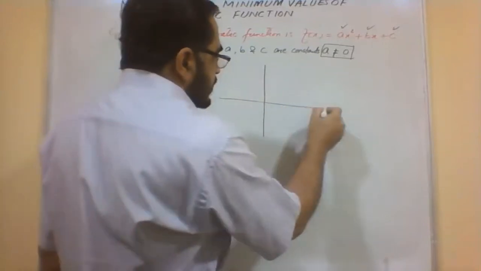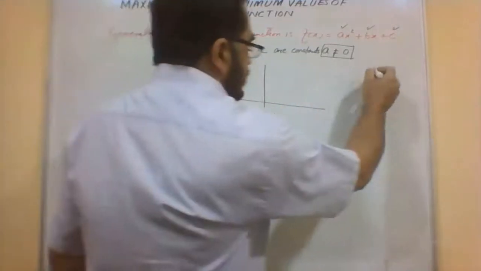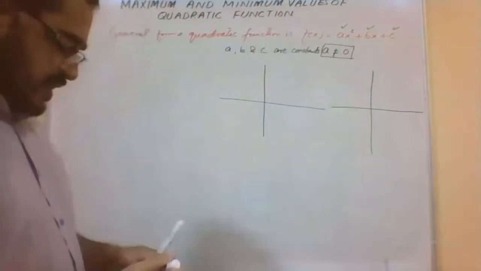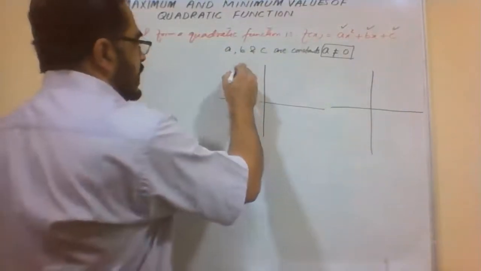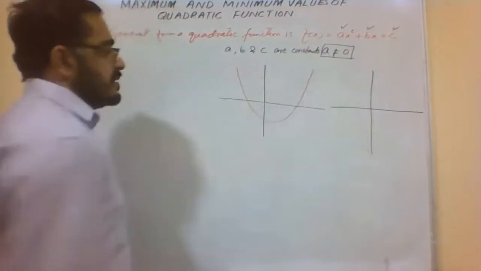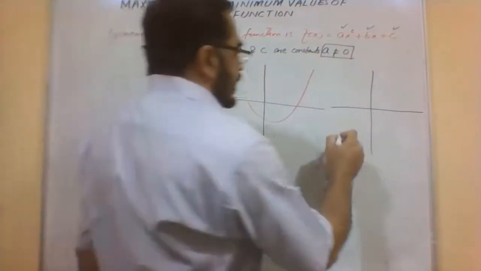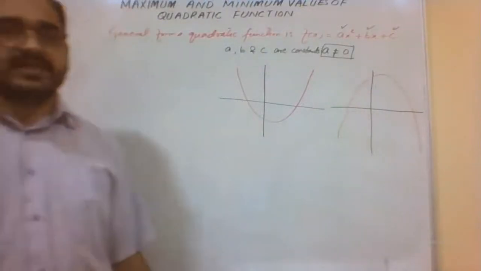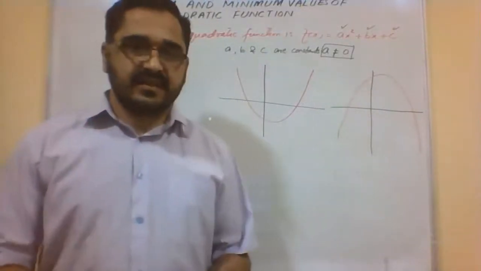The graph of a quadratic function in the xy plane can be like this or like this. These two types of shape can be there.